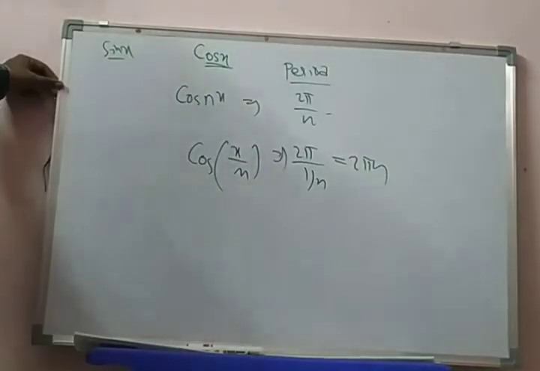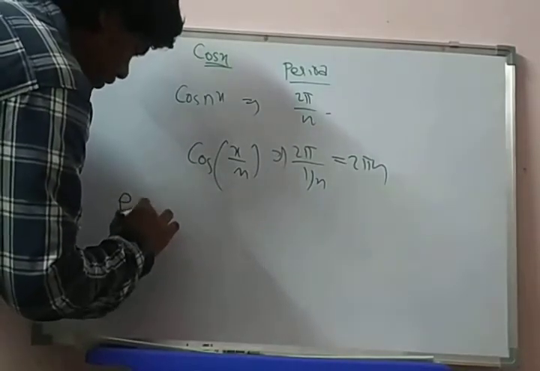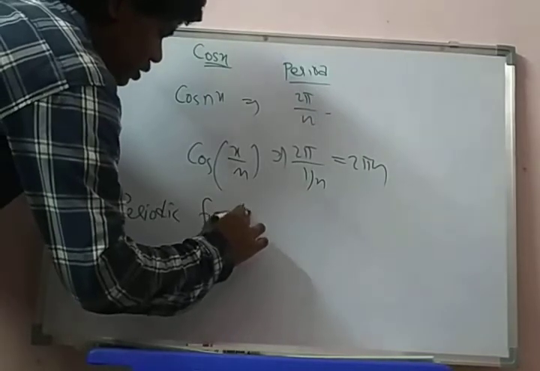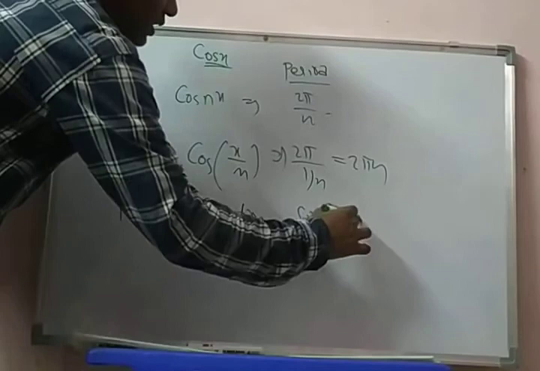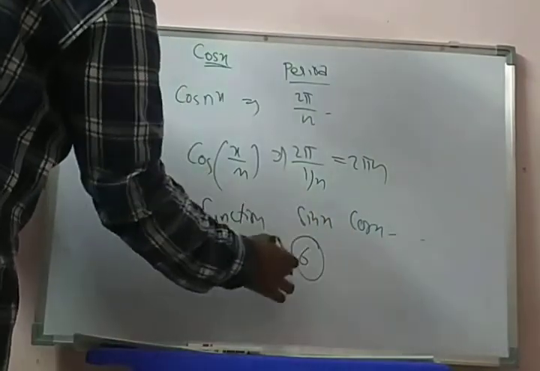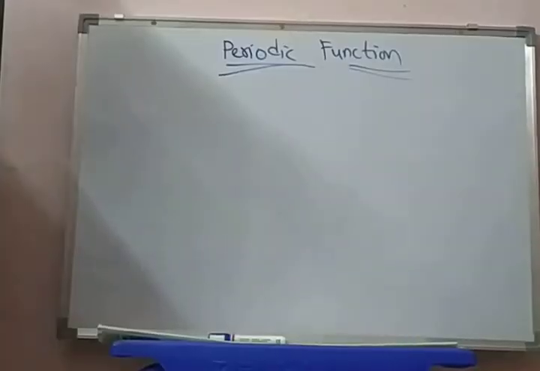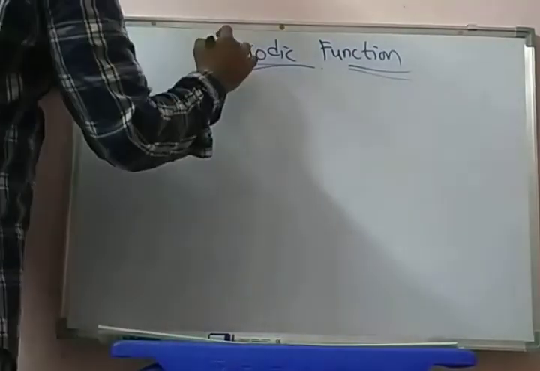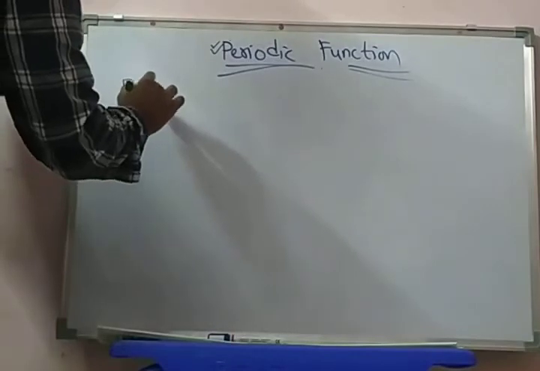So we can say that sin x, cos x, tan x and so on, all 6 trigonometric ratios are periodic functions. What is a periodic function? Let us go into the definition.